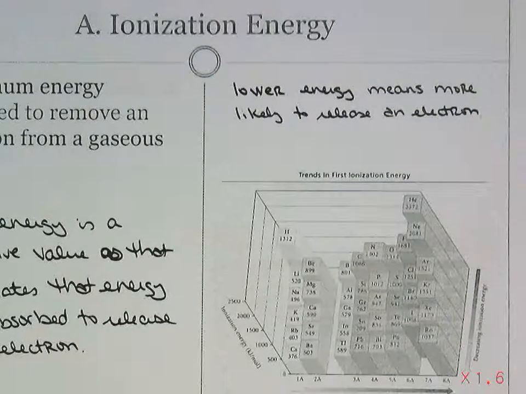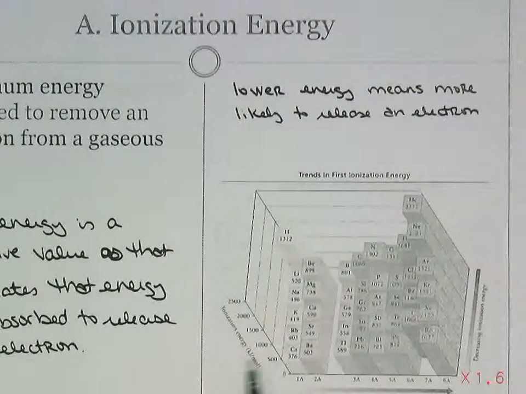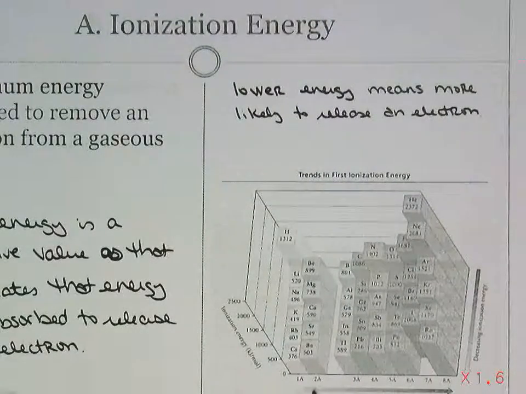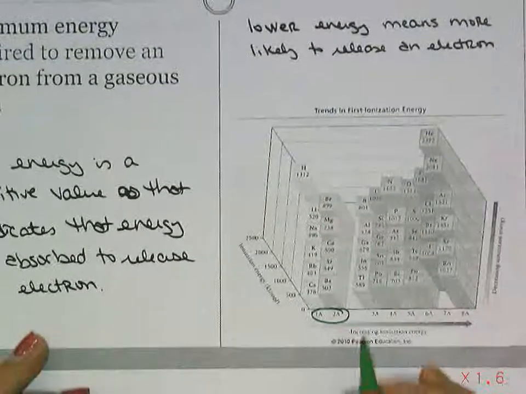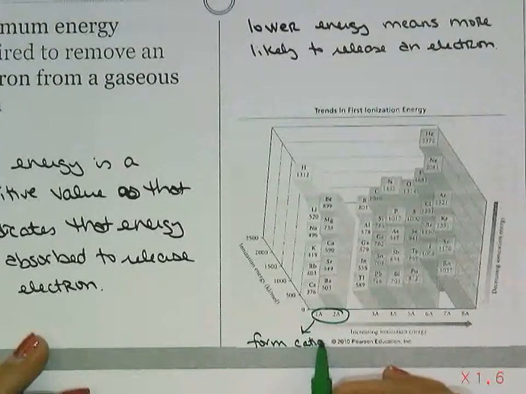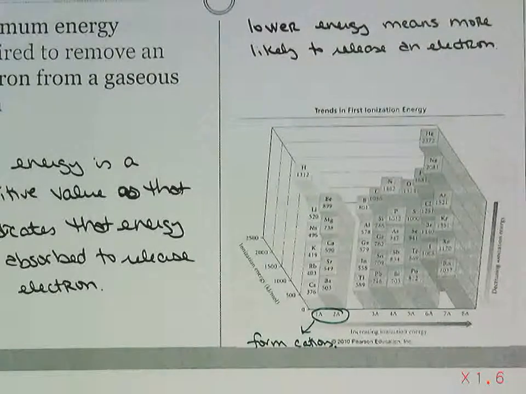Are they likely to become a cation or not likely? Right, they are likely. That's the one thing we talk about all the time, right? Lithium, sodium, potassium, those guys want to release an electron. It gets you to a more stable electron configuration. So these two columns, columns 1 and 2, form cations, as their energy is very low to remove that last electron.